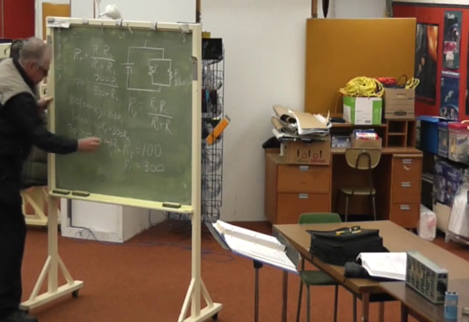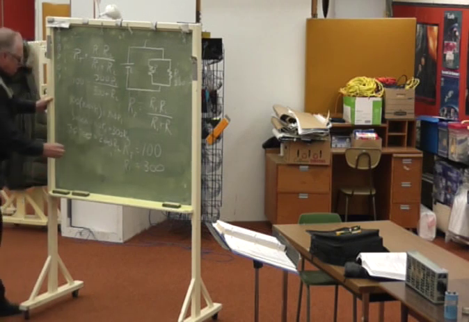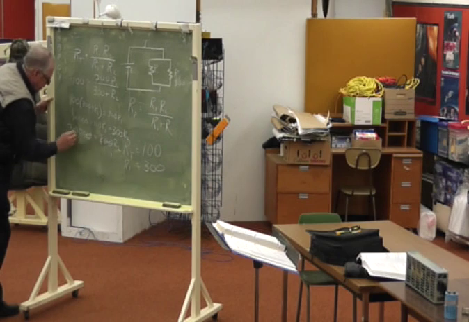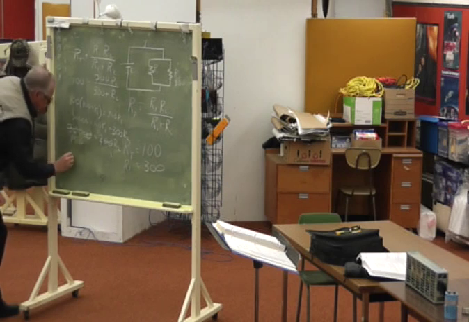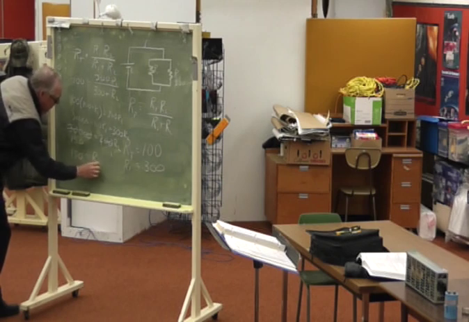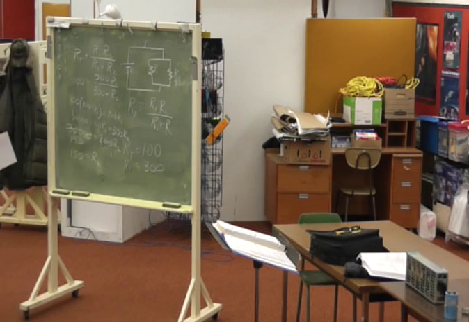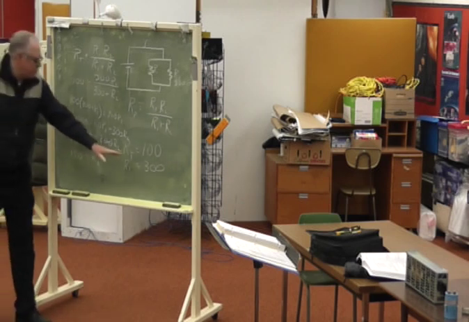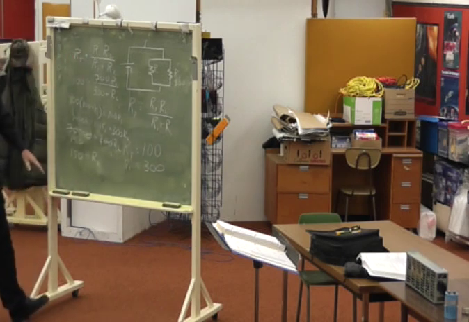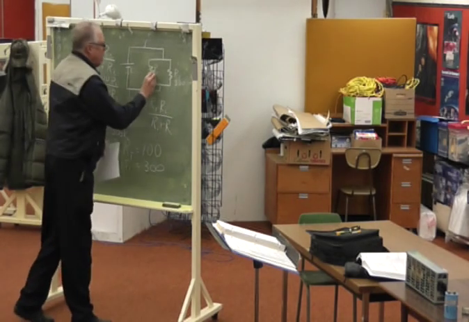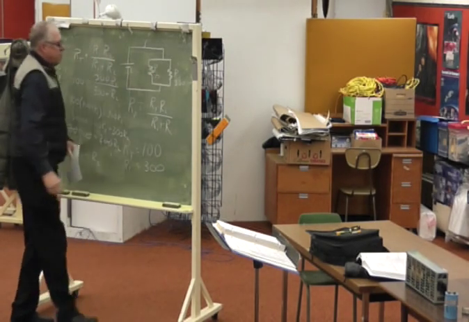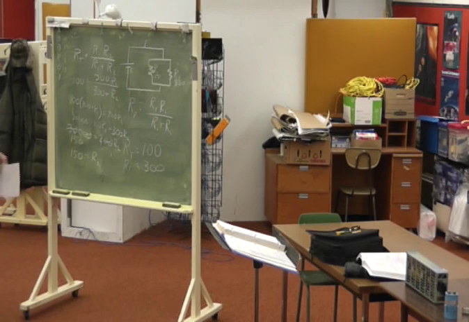Okay, let's get rid of some zeros, and we'll get rid of that 2. So R2 is 150. So I start out with a 300 ohm resistor, I put 150 ohms in parallel with it, and the total resistance is 100 ohms.